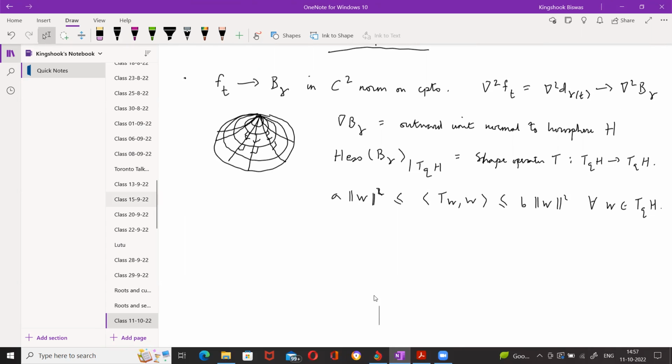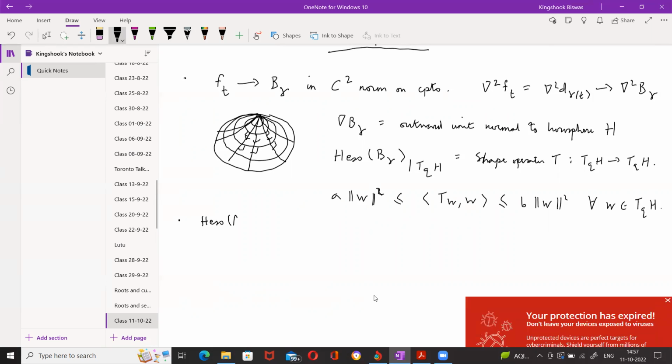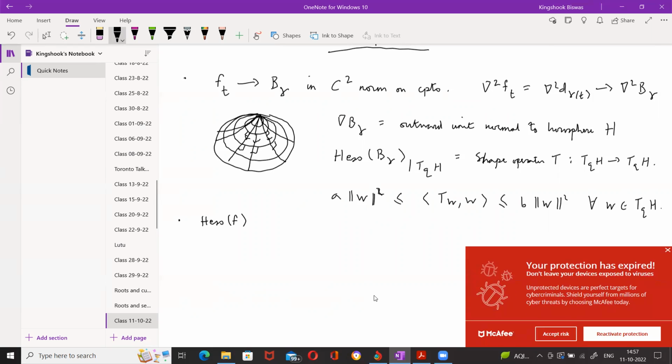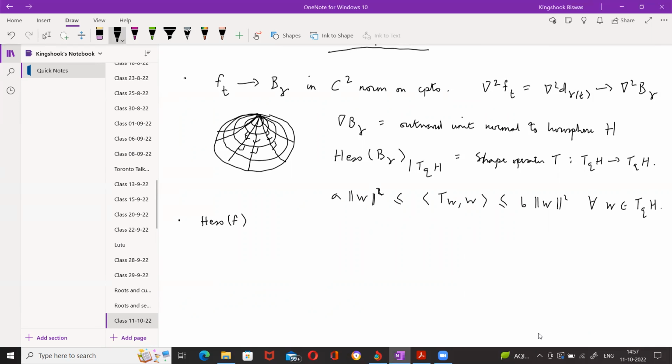First of all, if I look at the Hessian of a function f acting on a vector v, what is this?